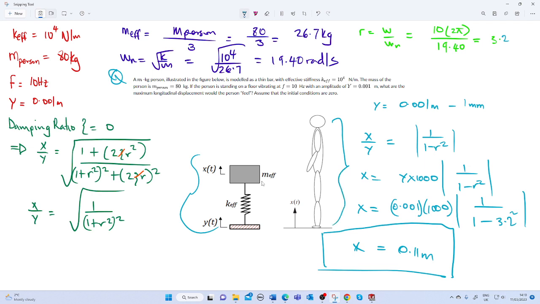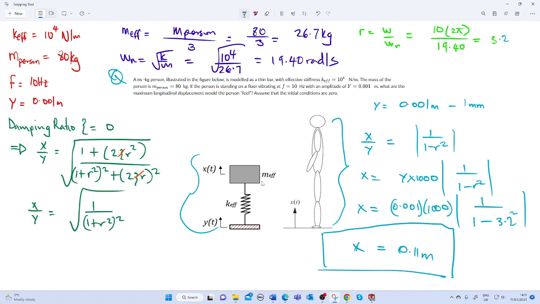So by modeling such a structure, we know that the person is standing on the floor vibrating with a frequency of 10 Hertz with the amplitude of Y equals 0.01 meter. Now we are asked to find the maximum longitudinal displacement. Now, how do we approach this particular equation?